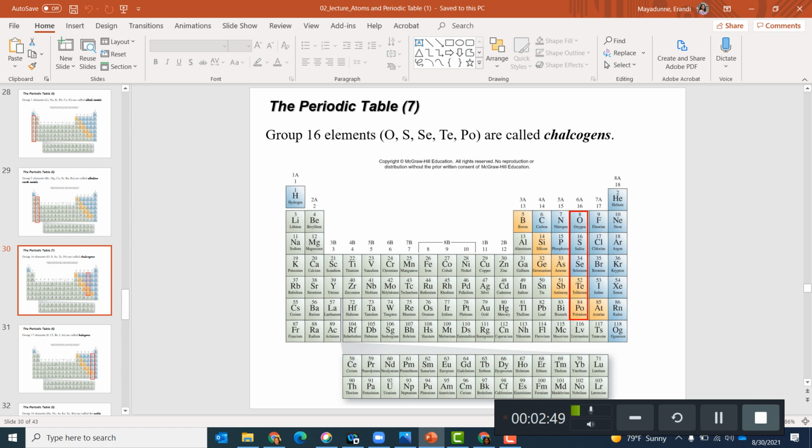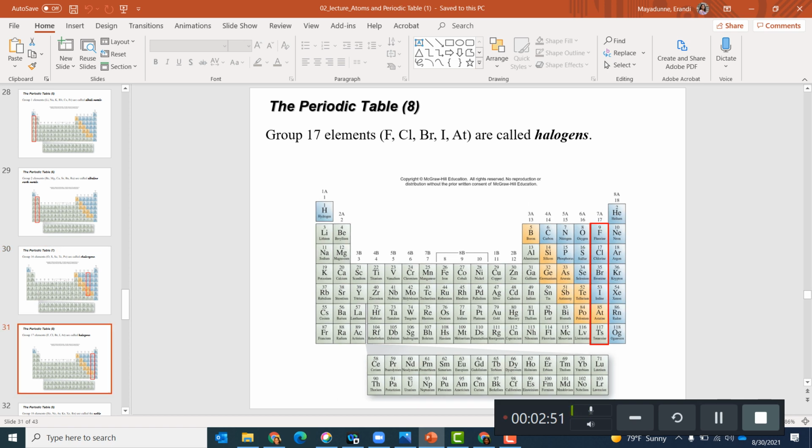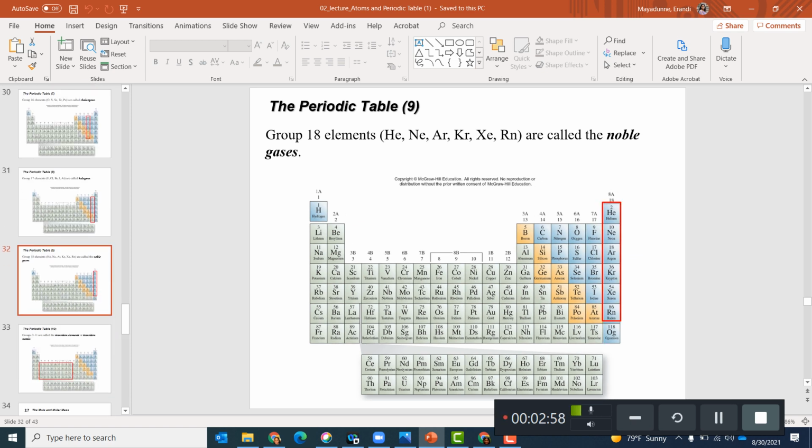And then you see group 7, halogens: fluorine, chlorine, bromine, iodine. And the last group is noble gases. In the exam, I can ask you to identify a metal, a non-metal, a metalloid, an alkali metal, or a noble gas.